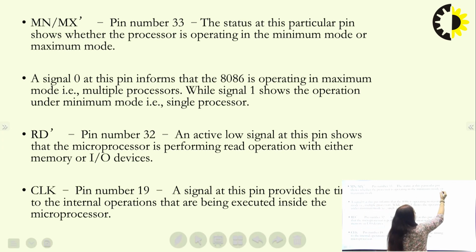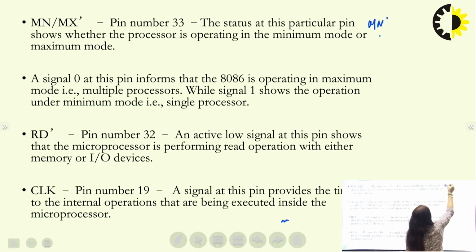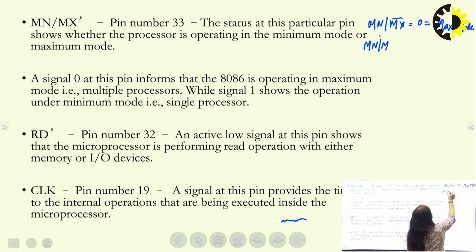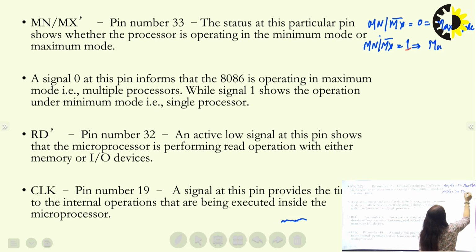When the value at this pin, minimum / maximum bar, is 0, your device will work in maximum mode, and when the value of this pin is 1, your 8086 will work in minimum mode, right? So this way we can select the minimum and maximum mode.